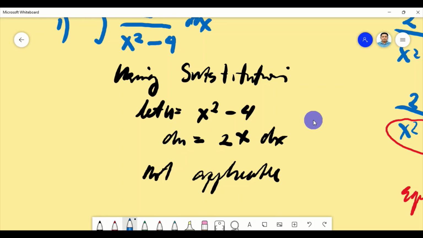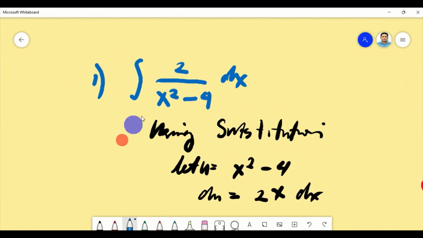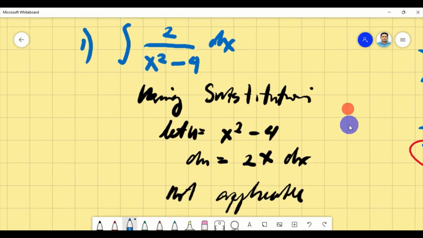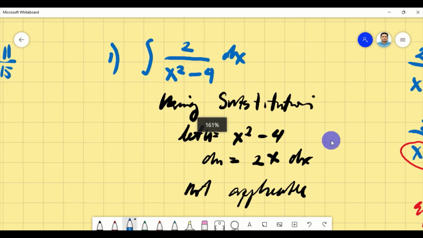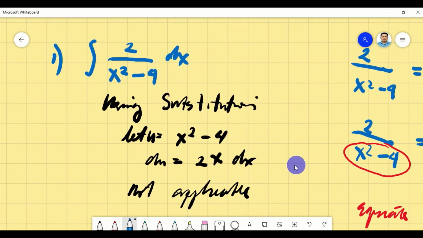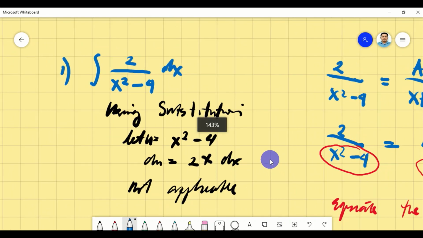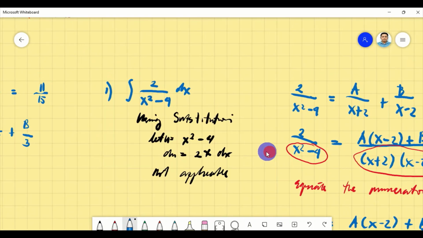So that is 2x dx. Unfortunately, the given expression is only 2 dx, so we cannot just substitute 2 dx by du because of the presence of the variable x here. So definitely your substitution is not applicable. So in this example, we definitely would like to use another method to solve the integral of the function.